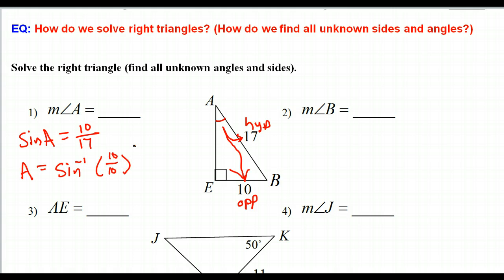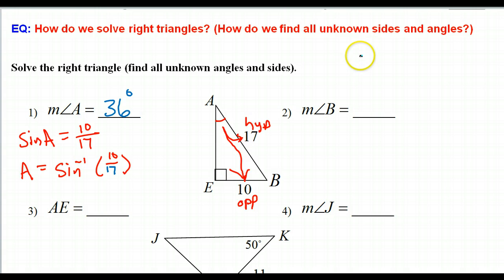That means angle A is going to equal the inverse sine of 10 over 17, not 10 over 10, 10 over 17. I'm going to just put that in my calculator. And that comes out to be 36 degrees.